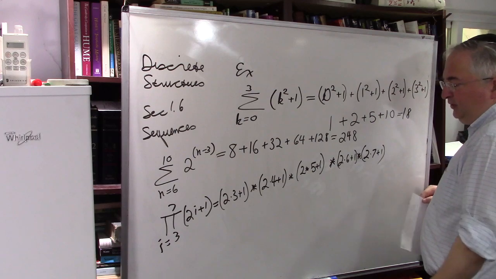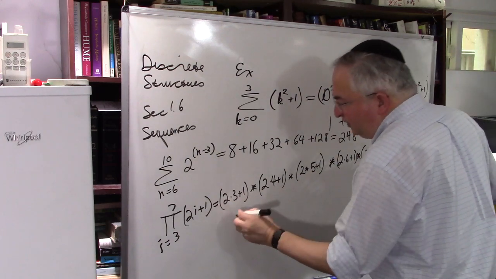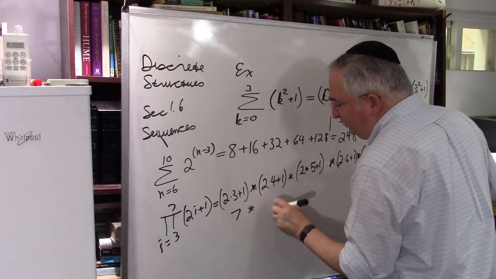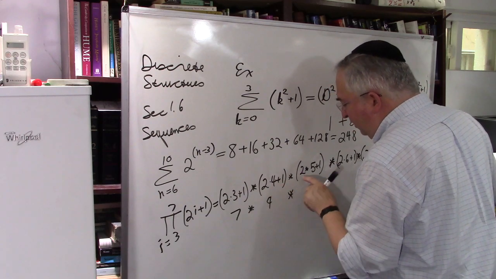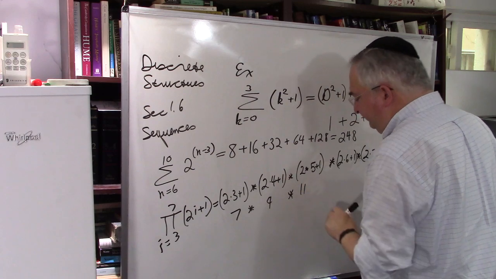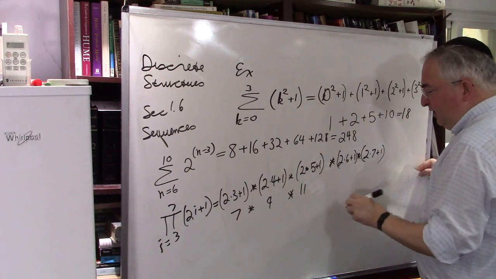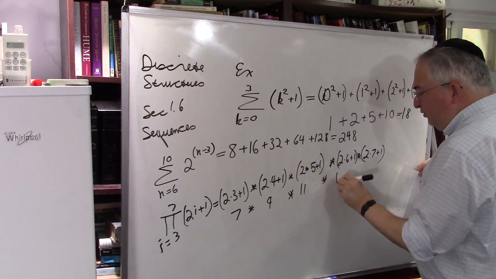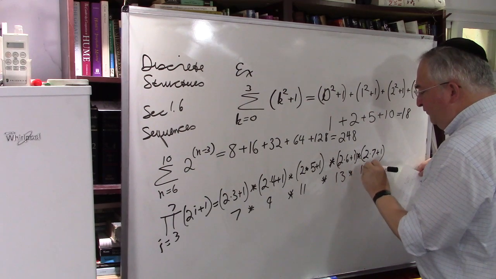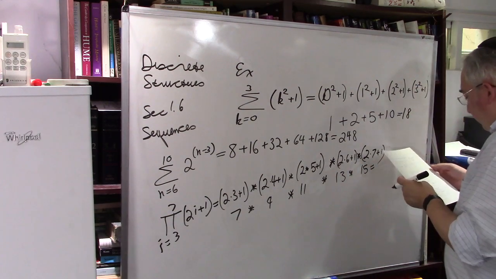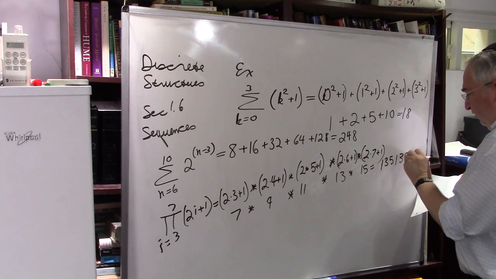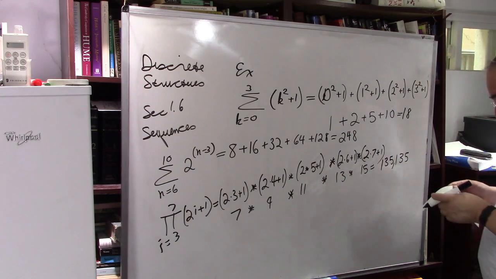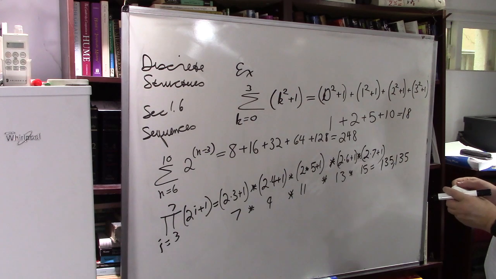Okay, let's see what these numbers are. 2 times 3 is 6 plus 1 is 7, times 8 plus 1, 9, times 11, 2 times 5 is 10, plus 1 is 11, times 13 times 15. If you multiply all those numbers, you get 135,135.